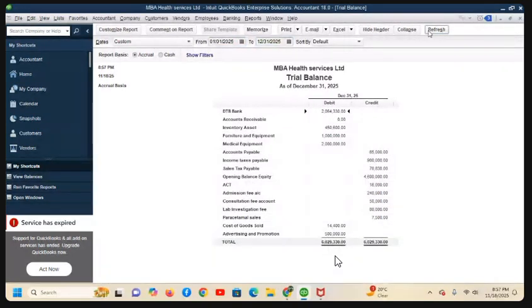So are you still seeing the account receivable has gone to 0? But what has happened to the bank? The bank has increased from 1.6 million, now it is 2,064,330. So which means in this case, we debited the bank and we credited the accounts receivable. That's why it has gone to 0. So this is what happens.